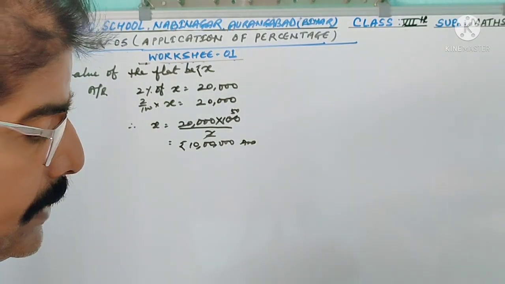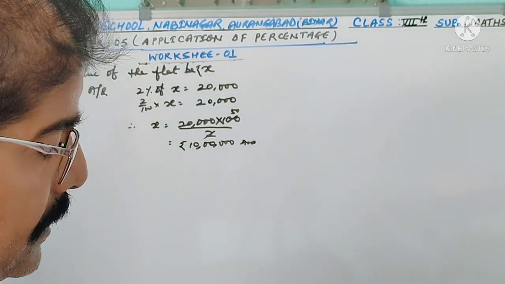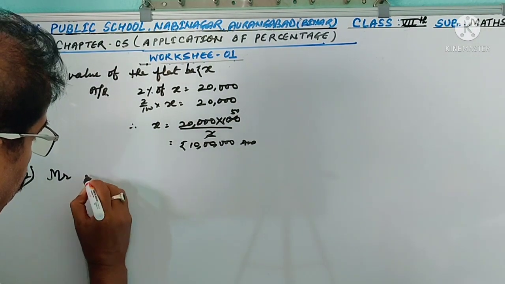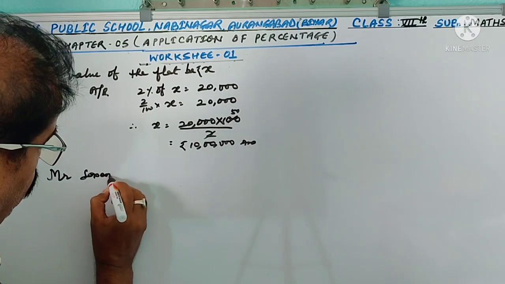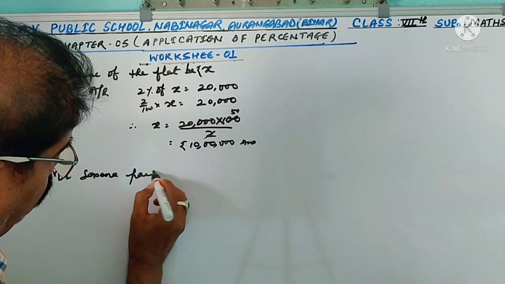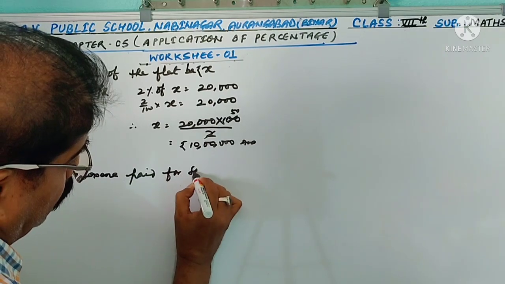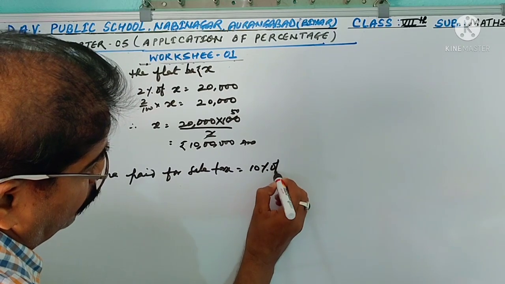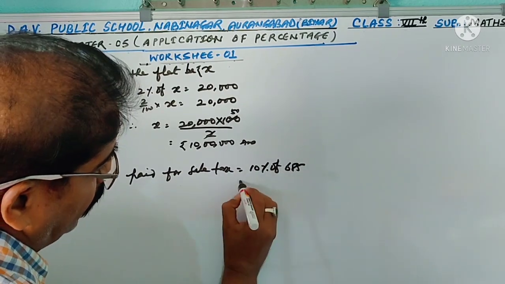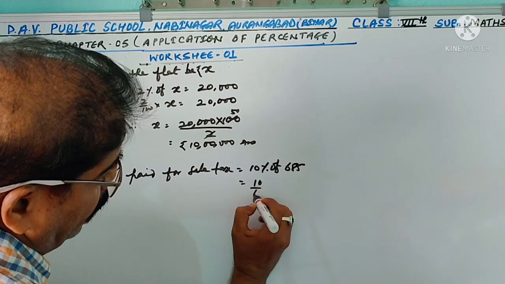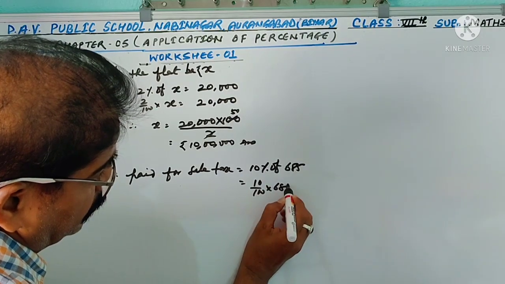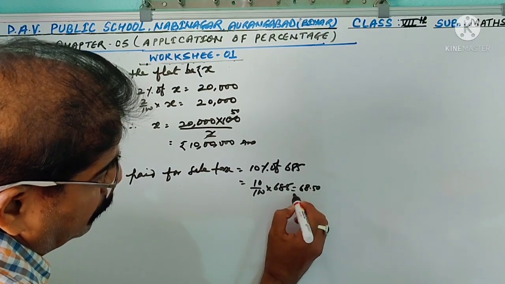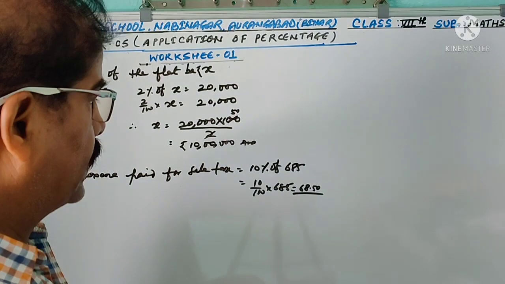Dear friends, the sales tax Mr. Saxena paid is equal to 10% of 685. That is 10 by 100 into 685, that is 68 rupees 50 paise sales tax.